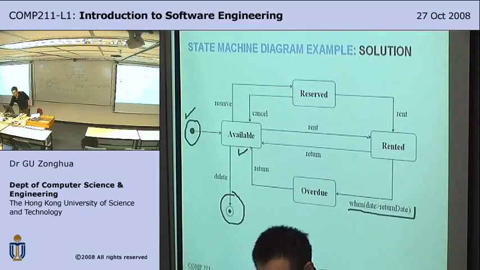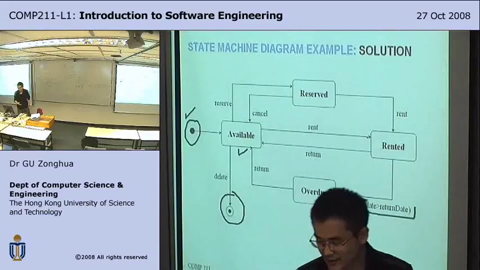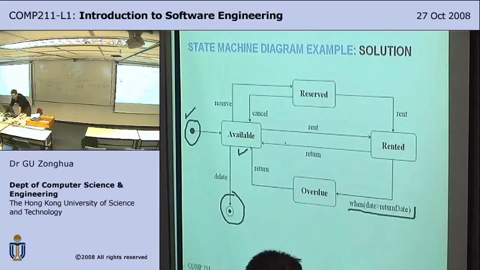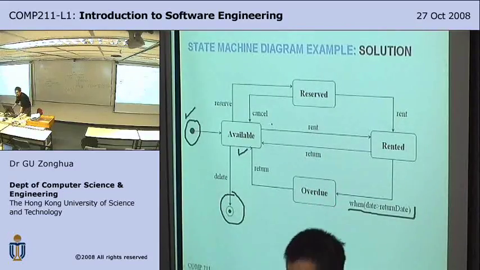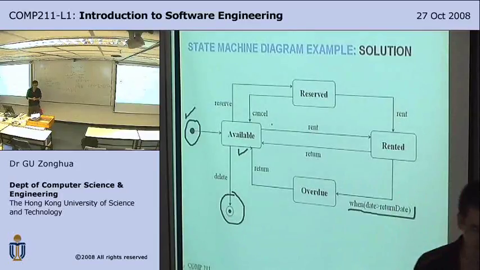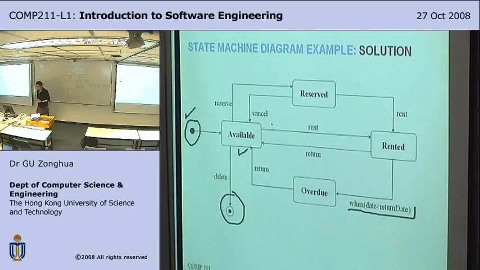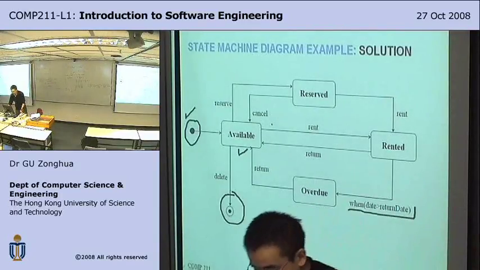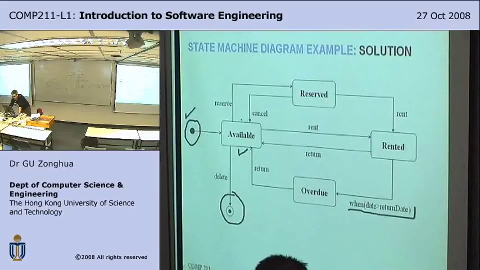So notice that when you are in different states, different events are enabled. When you're in the available state, you can handle reserve, delete, and rent, these three events, right?